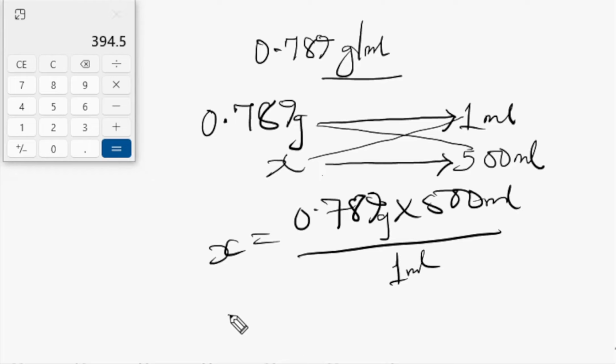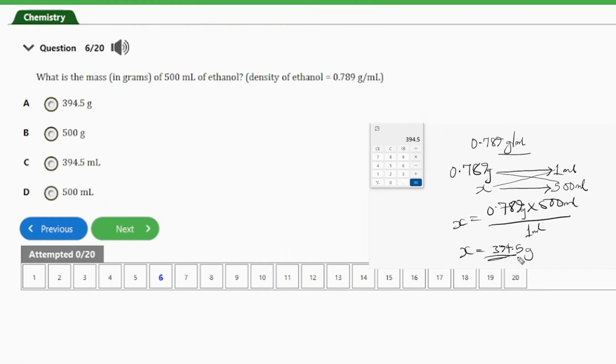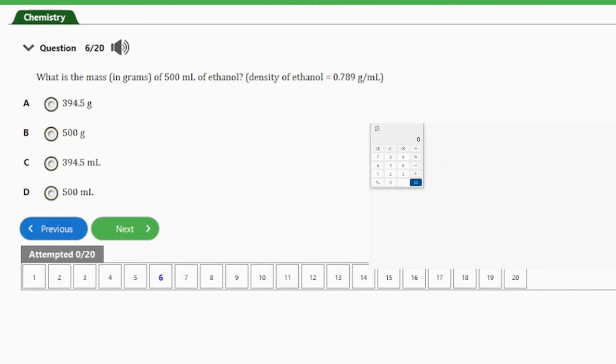So guys, x here is equal to 394.5 grams. So guys, that's the answer to this question, and that's option A, and that's it for this question. So we're going to wipe this, and then we're going to check out the next question, guys.